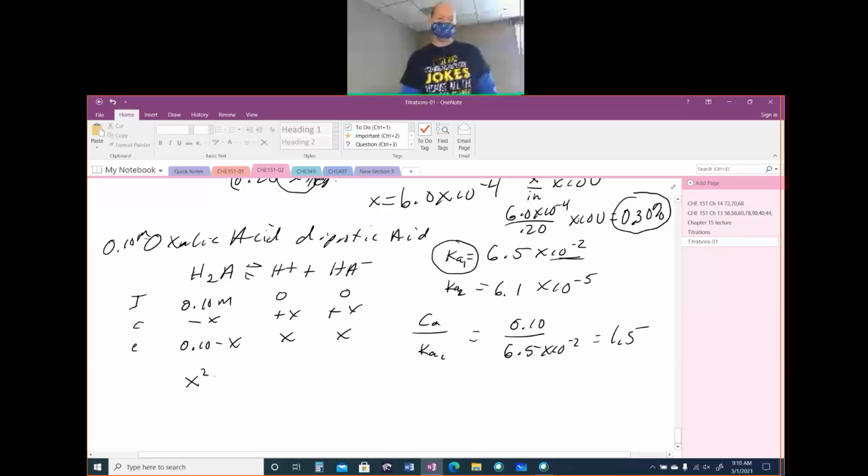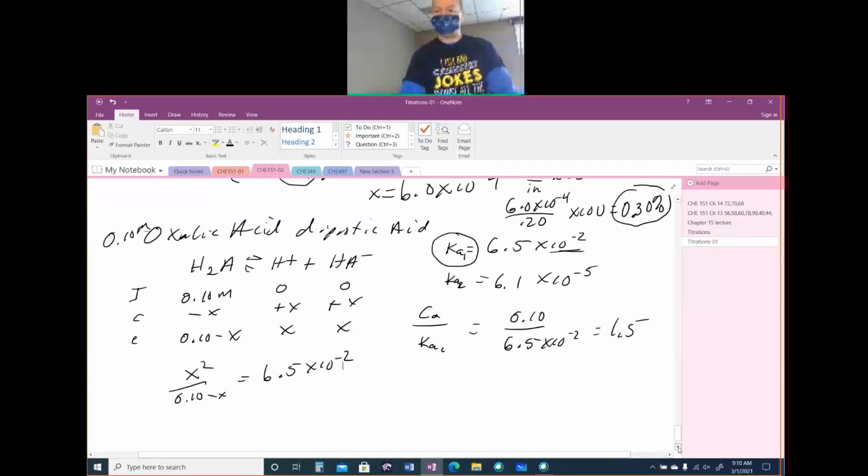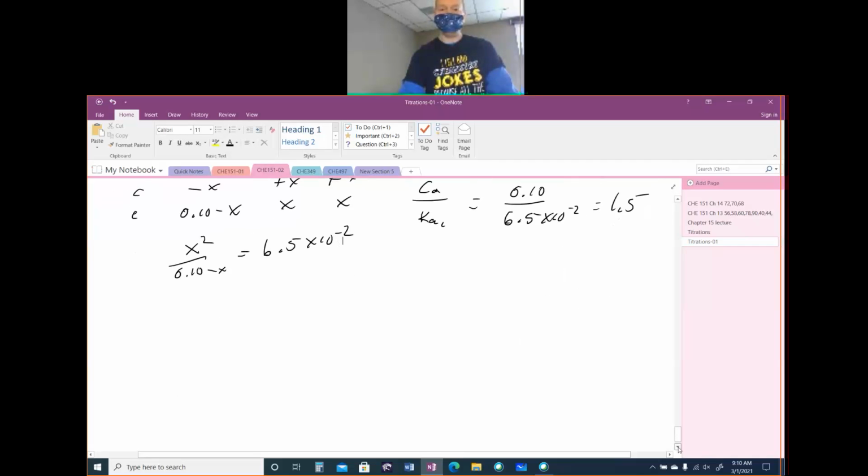So you have x squared over 0.10 minus x equal to 6.5 times 10 to the minus 2. In this case, when you get a 1.5 as your Ca over your Ka1, you may want to go with the quadratic. I'm going to go with successive approximations.